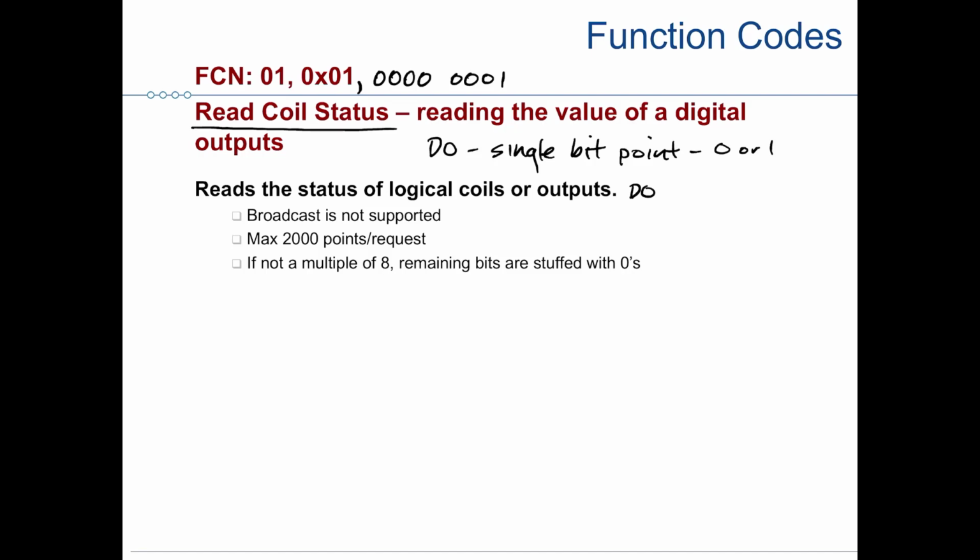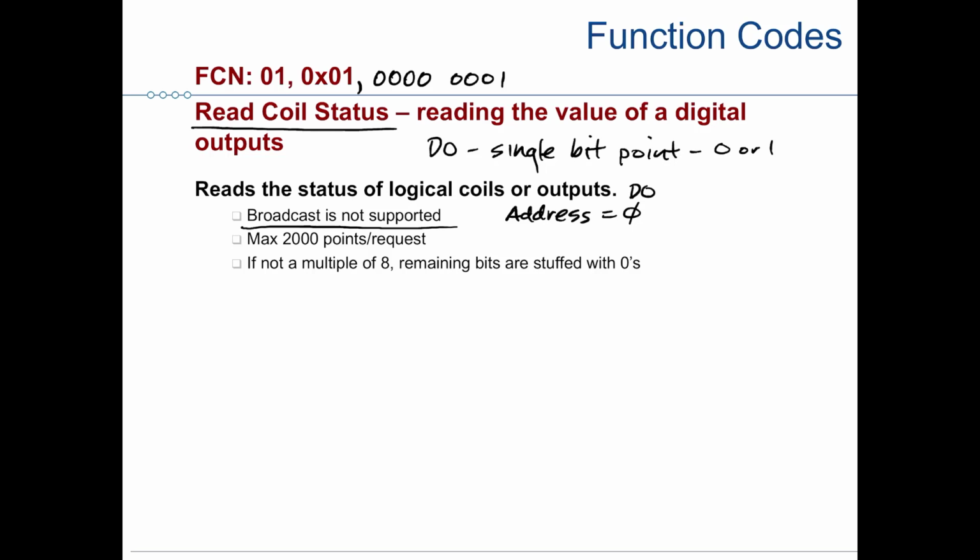So broadcast is not supported for a read command. Remember, broadcast is where the address field is equal to 0, and that's where the master or the client sends out a 0 in the address field, sending an instruction to every device or every server on the multi-drop network.